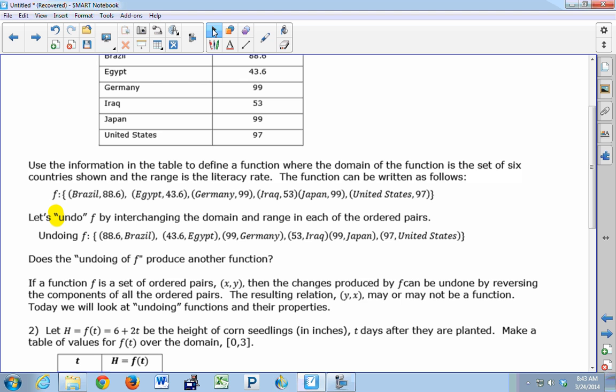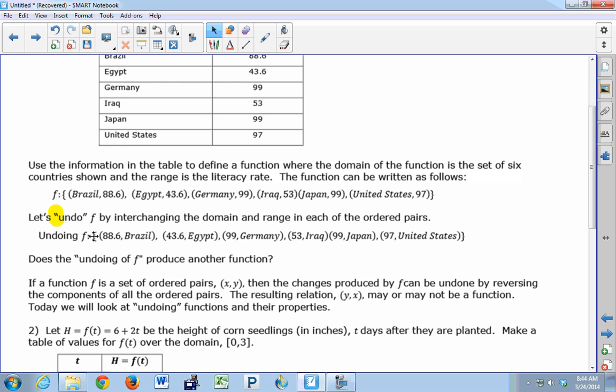So let's undo this function by interchanging the inputs and the outputs, or what we call the domain and the range, for each ordered pair. So instead of inputting the country and getting out the adult female literacy rate, we're going to put in first the literacy rate. That's going to be our input, and then we're going to put the name of the country after it.